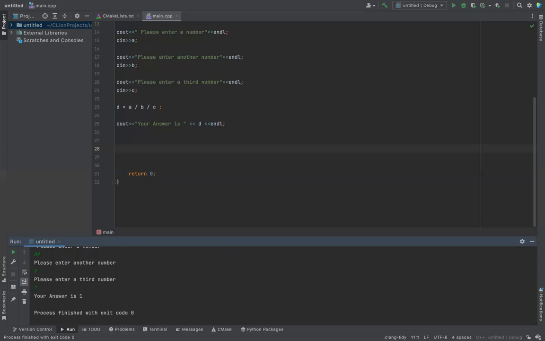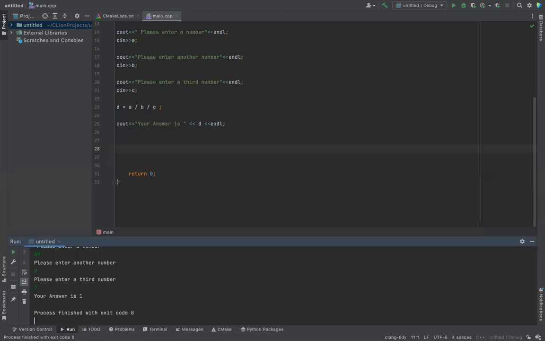The answer I've gotten here is 1, but if you use a calculator, you should get 1.4. It means the decimal point didn't come. Who knows the problem here? Who can tell me the problem? The answer I'm supposed to get is 1.4, but it's giving me 1.